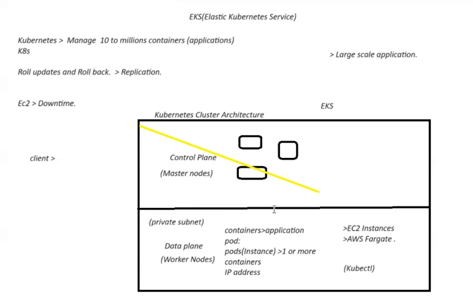Whatever VPC you have, in that VPC you have a public subnet and a private subnet, right? Since you need to host your applications, do you host them under the public subnet or the private subnet? We need to host our applications under the private subnet only, not the public subnet. My applications are present under containers, my containers are present under pods, and my pods are present under the data plane.